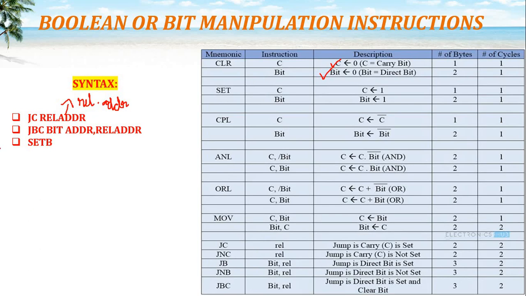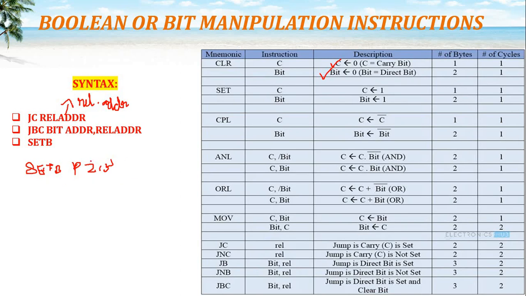One simple example I'll give. If I'm going to set a bit in a port pin, that is SETB P2.5. This is the syntax I have written. The syntax indicates that I'm going to set port pin 2.5.